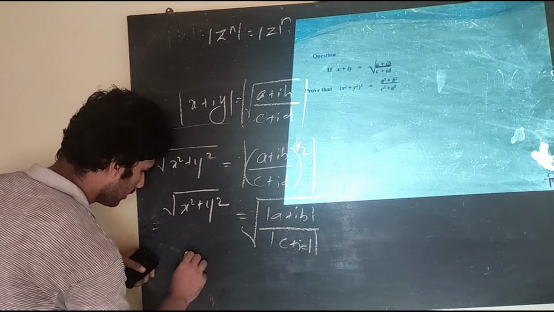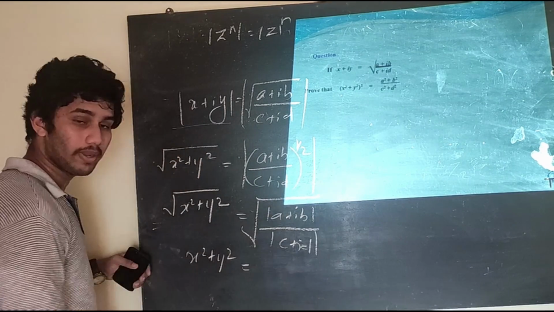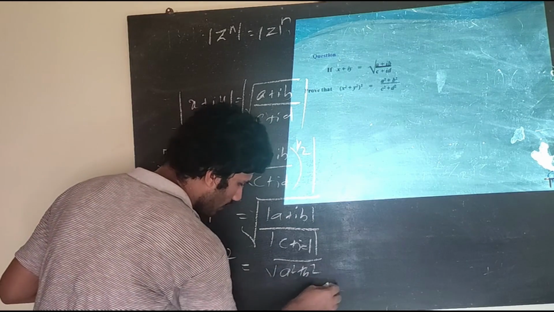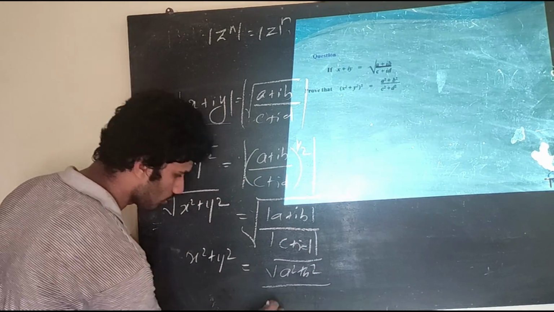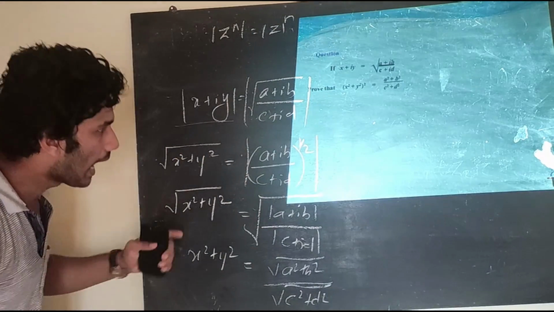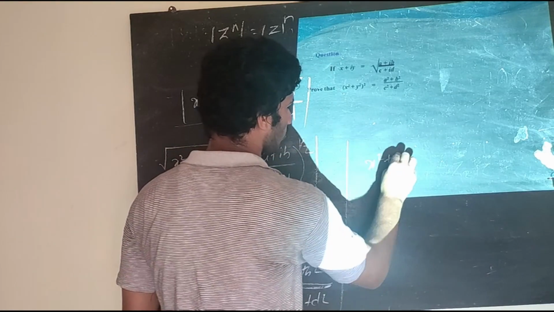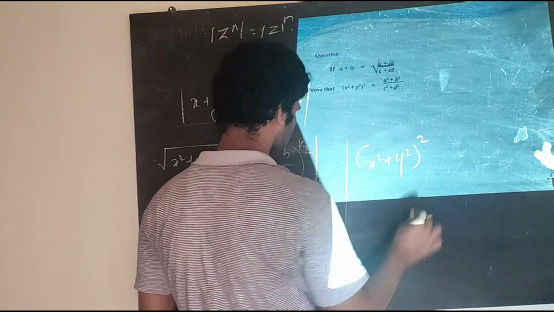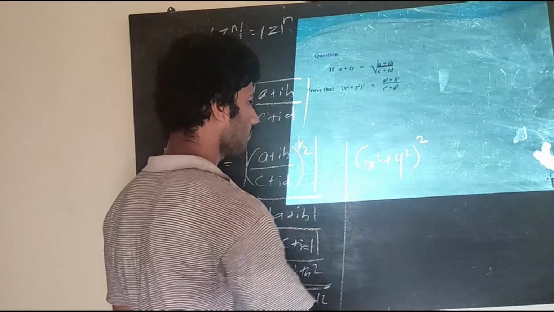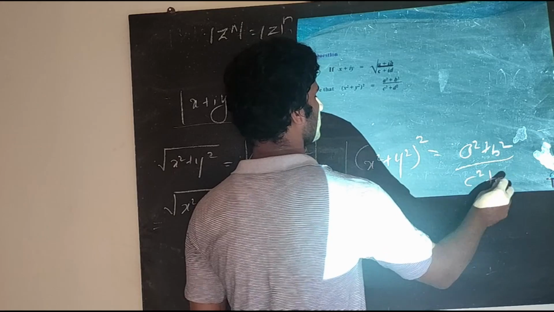Squaring both sides, it becomes x square plus y square is equal to, now modulus of a plus ib is root of a square plus b square, and c plus id modulus is root of c square plus d square. Again squaring it, this becomes x square plus y square the whole square, and this root gets cancelled, I mean, when squared up, gives me a square plus b square by c square plus d square.